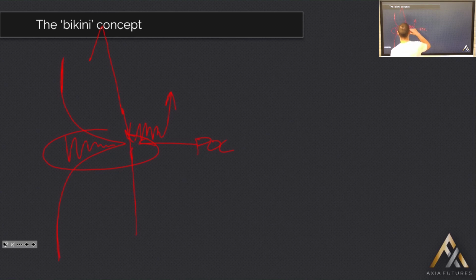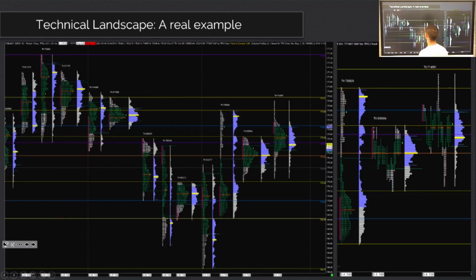And then you're asking yourself, okay, well, I suppose we have a seller here now. So now the seller's taken up what was the support point before. And that's more or less how you trade this profile. So you've got this value that can attract the market price back, and it can also act as an inflection point for trade.